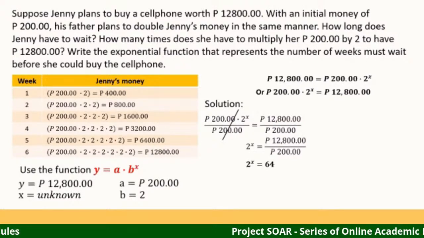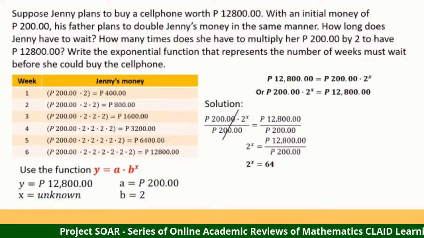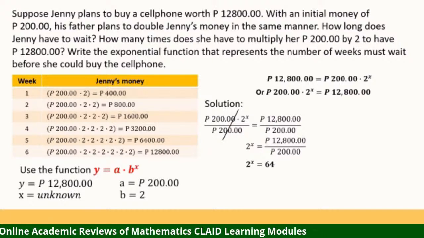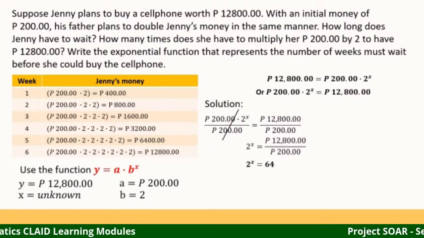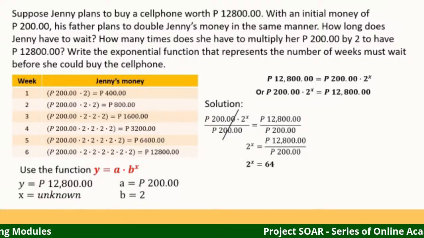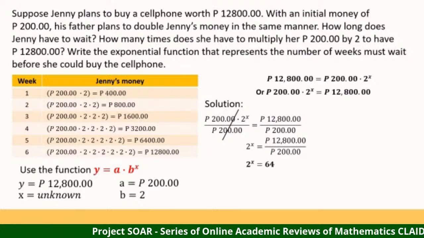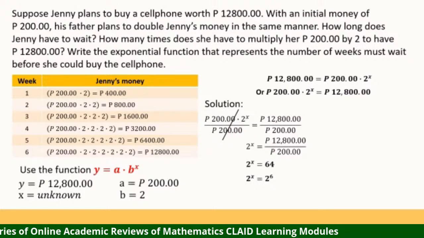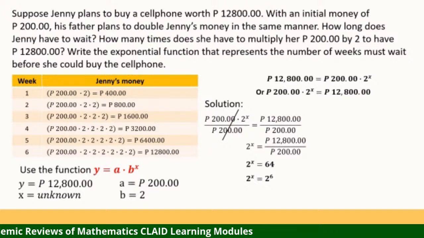To recall, in getting the value of exponent, kailangan mong ma-determine kung anong base na parehas ang magkabilang side. Since we already have 2 as the base of exponent x, let's determine kung si 64 ba ay pwede ang 2 as base niya. Okay, so si 2 ay pwede maging base ni 64.